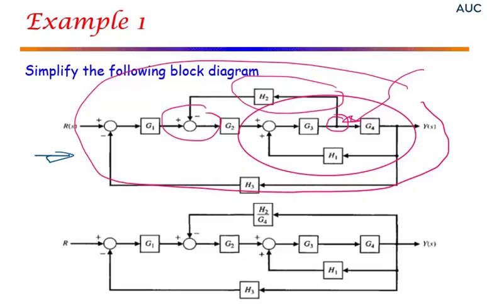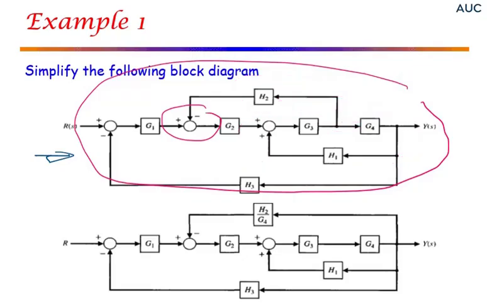So what we do, we have two possibilities, either to move this point to the right like this, or to move it to the left. If we move it to the left, we are stuck, because here you have a summing point and pickoff point after changing, and as I mentioned a few minutes ago, this is not allowed.